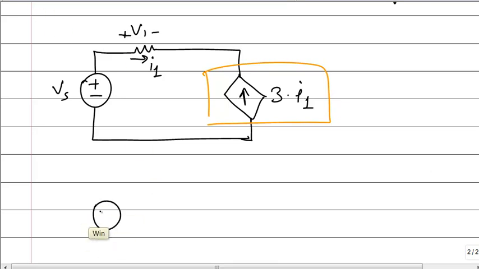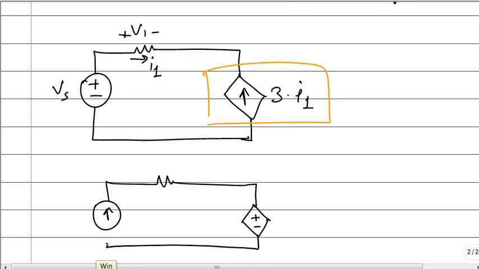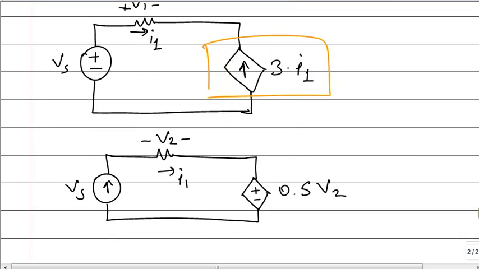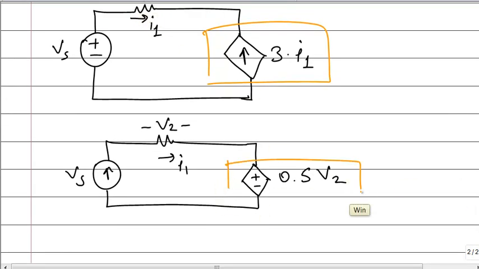Or consider this circuit. A dependent voltage source, its voltage is dependent on another voltage. So, if you see a circle, it's an independent source.